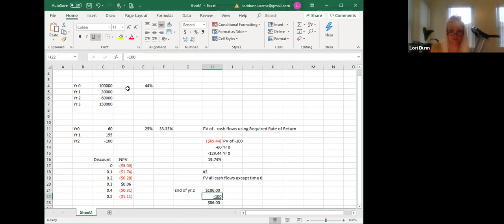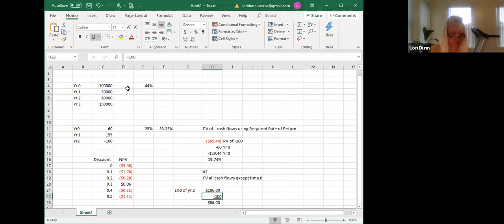Take all your cash flows except for that initial one and make them into future value. What are they worth at the end of the project? And then you can substitute that information into your internal rate of return formula. So your initial cash outflow will be -60, comma, and then I'm going to open up a bracket.